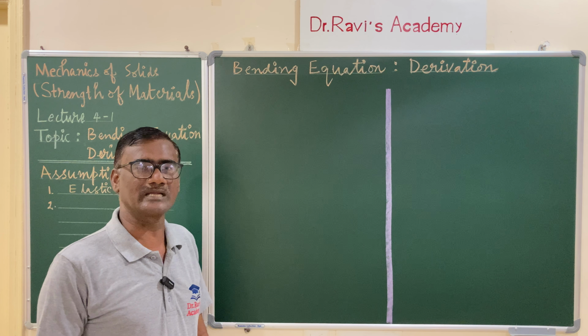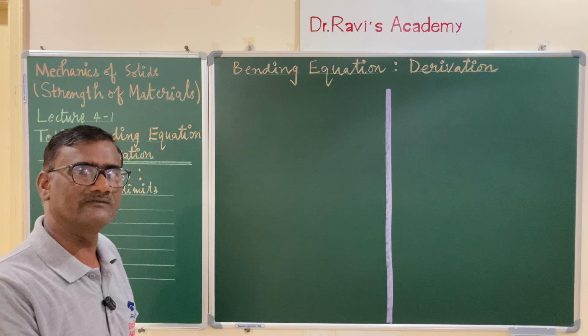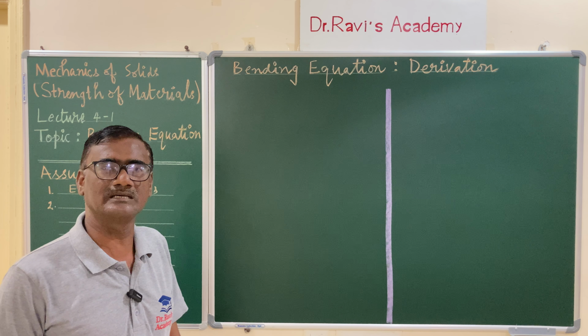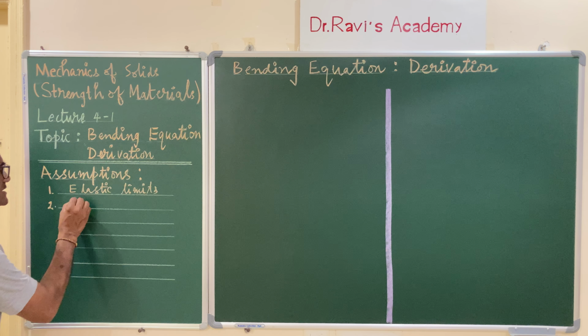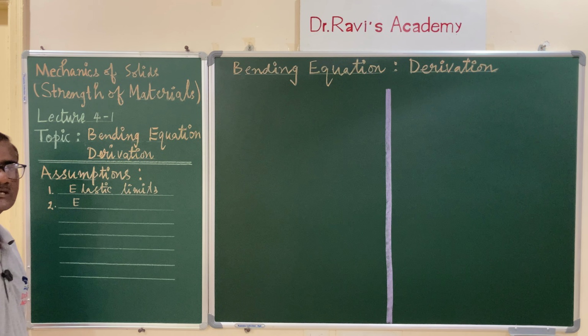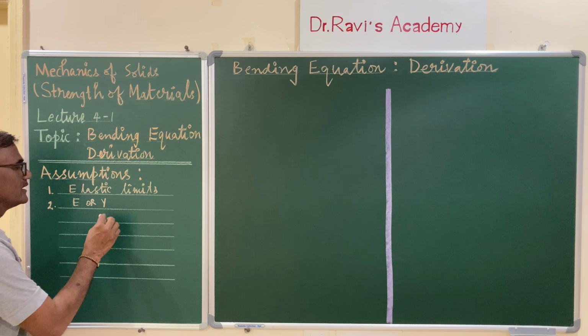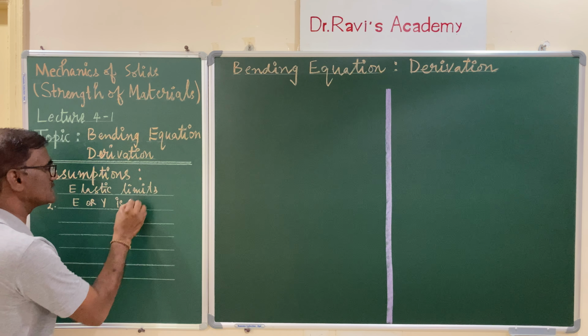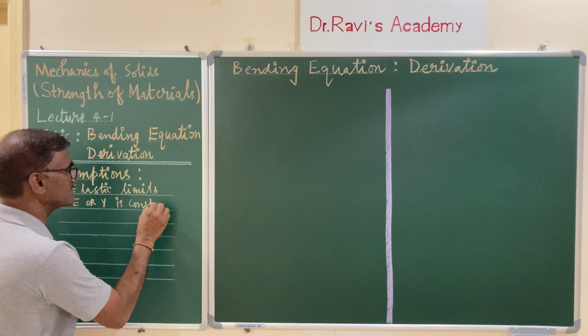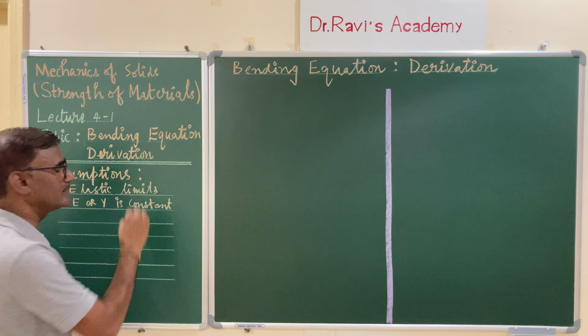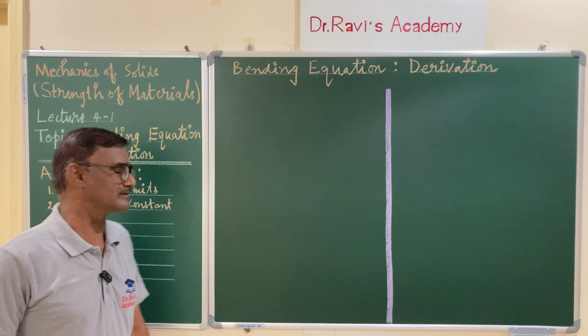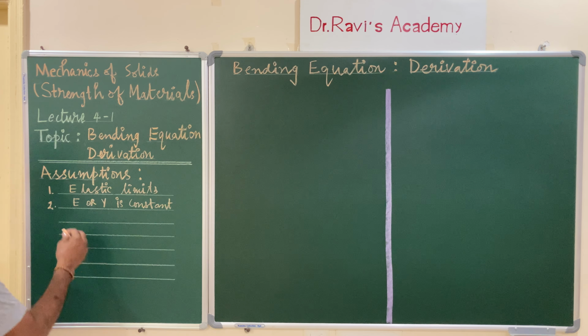So, depending upon the type of beam, the fibers on either side of the neutral axis undergo tensile as well as compressive stresses, and E, Young's modulus, is a constant, meaning it is the same in tension as well as in compression.